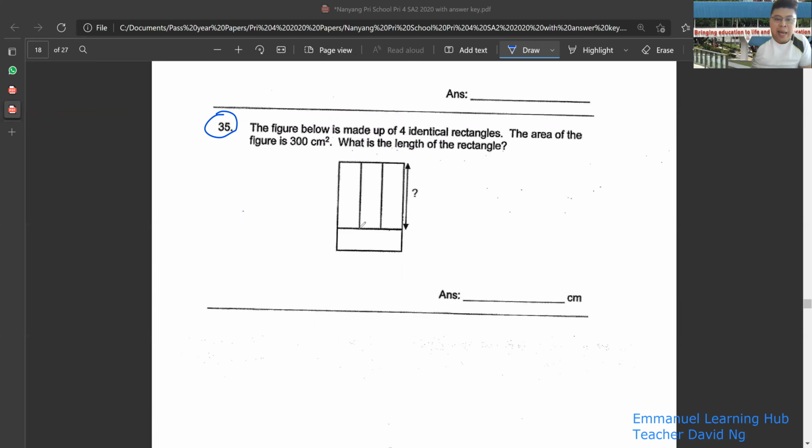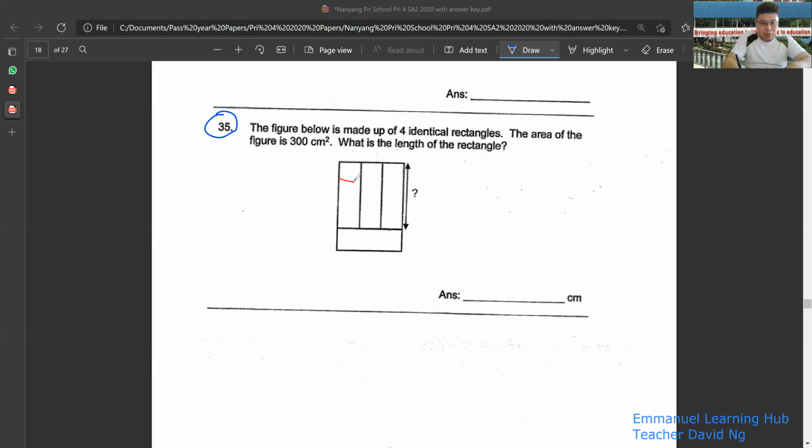Can you tell me, the length of the rectangle is equal to how many breadth? Can you tell me based on the diagram? It's very obvious.